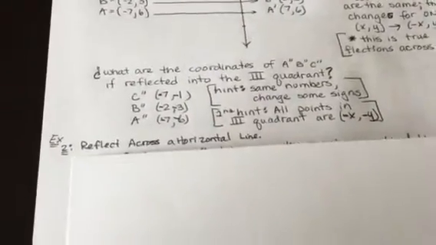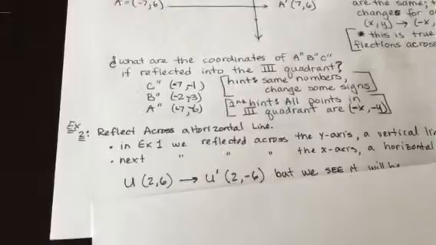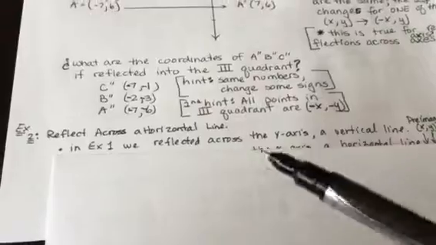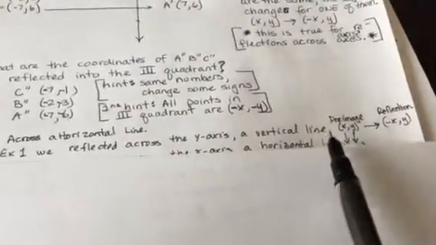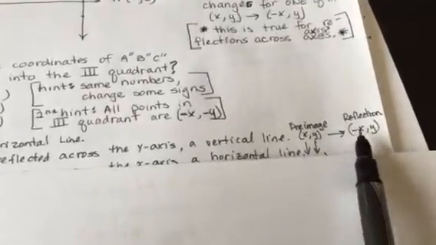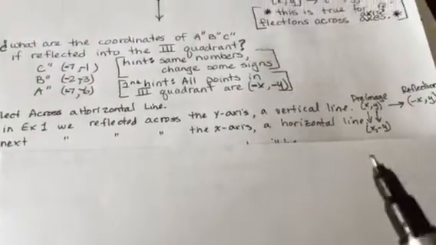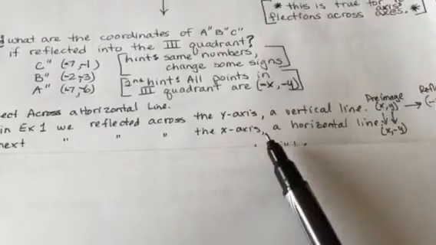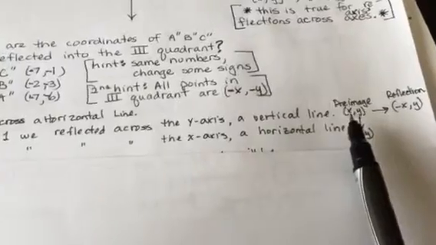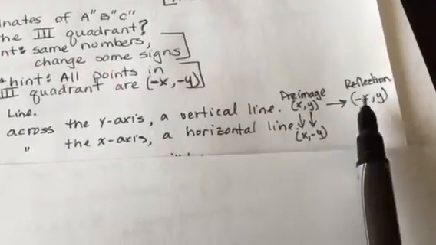Example 2 is now reflecting across a horizontal line, which we just did, but this horizontal line is not going to just change the signs. In Example 1, we reflected upon the y-axis, which was a vertical line. Our pre-image was (x, y). Our reflection was (negative x, y). Then on the second example, when you went to A double prime, B double prime, C double prime, we reflected upon the x-axis, the horizontal line, which means if the pre-image is (x, y), then our reflected image is (x, negative y).